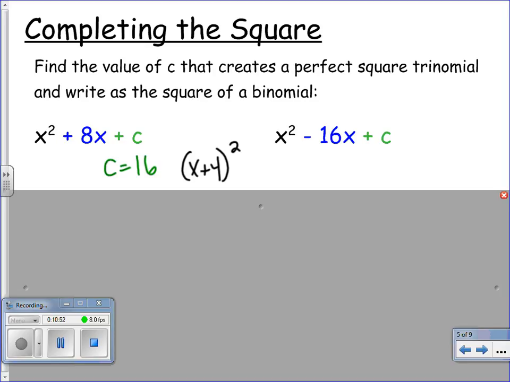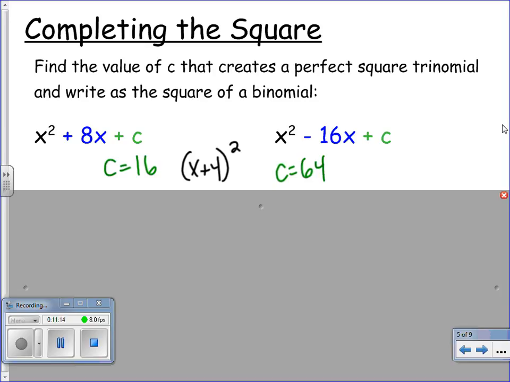C is 64. Excellent. Can you tell us how you got C is 64? 16 divided by 2 is 8. 8 squared is 64. I think that's excellent. Just say, what's half of the middle term? So half of 16 is 8. And then square it. 8 times 8 is 64. So 64 completes the square.